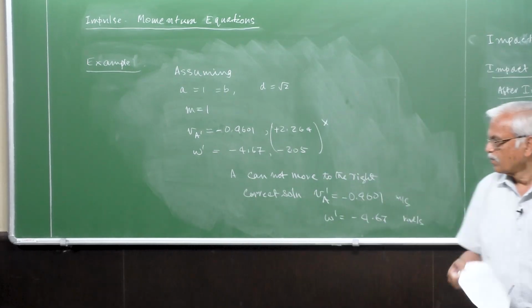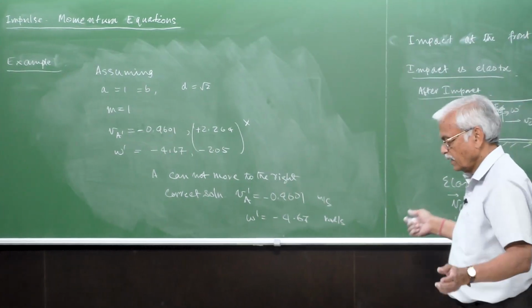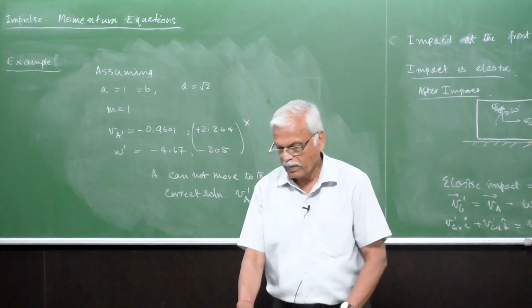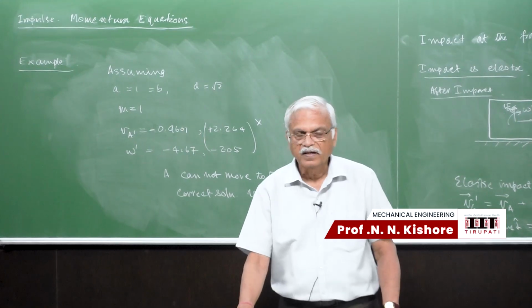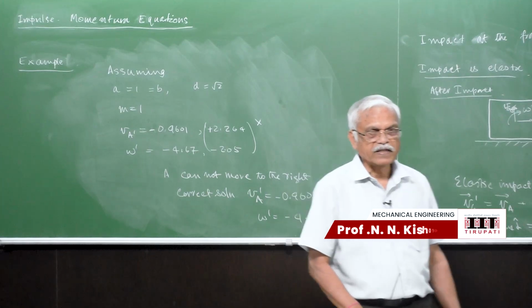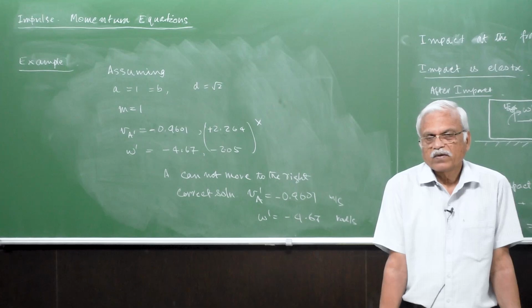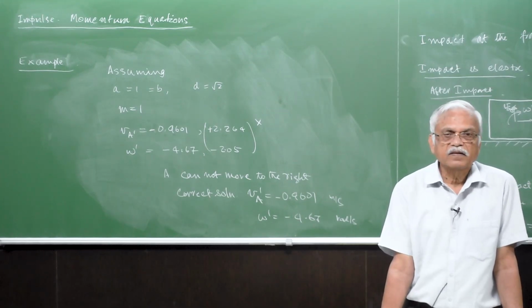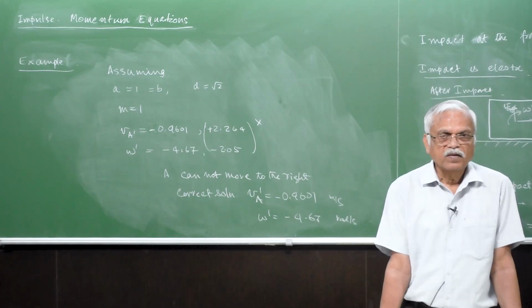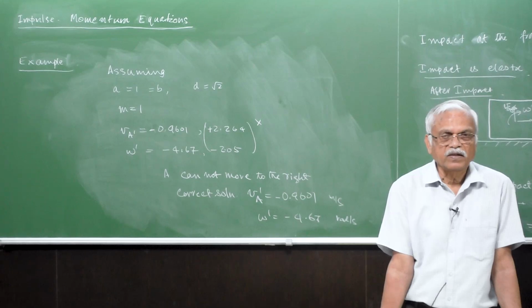Okay, so I hope you got it. This is the difference from plastic impact. In the case of plastic impact, which turns out to be a little simpler, the point A suddenly becomes stuck and the body rotates about A, whereas in the case of elastic impact, the point A rebounds, but its velocity after impact is horizontal only because it cannot penetrate the ground.